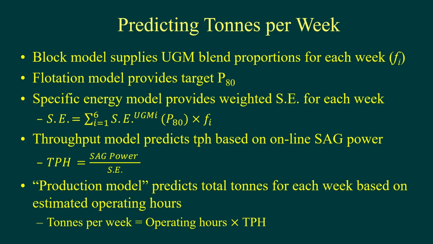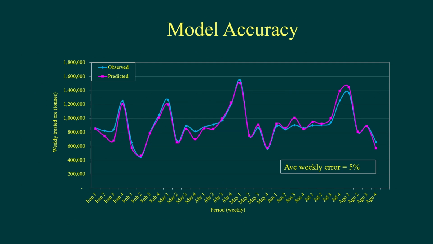They incorporated that into their production model, so they had the most accurate means of predicting the weekly throughput depending on what the estimated operating hours would be for that particular week. So once they'd worked out or predicted what the operating hours were for that week, they got the tons per hour from this model. They then ended up with a forecast tons per week. So how accurate was the model?